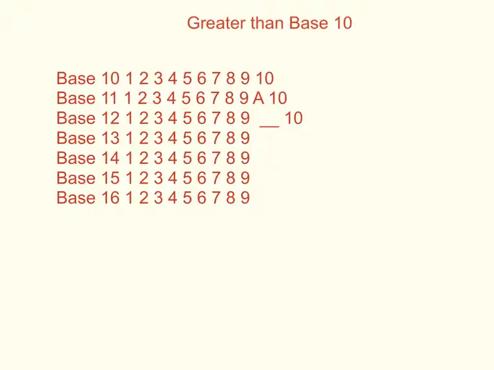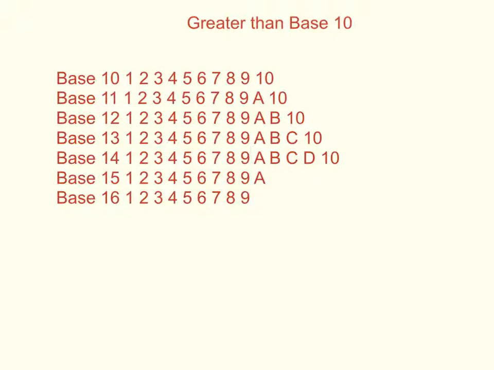And if you guessed the letter A and then the letter B, you would be correct. So for 13, it's A, B, C, 10. And base 14, A, B, C, D, 10. How about for base 15?